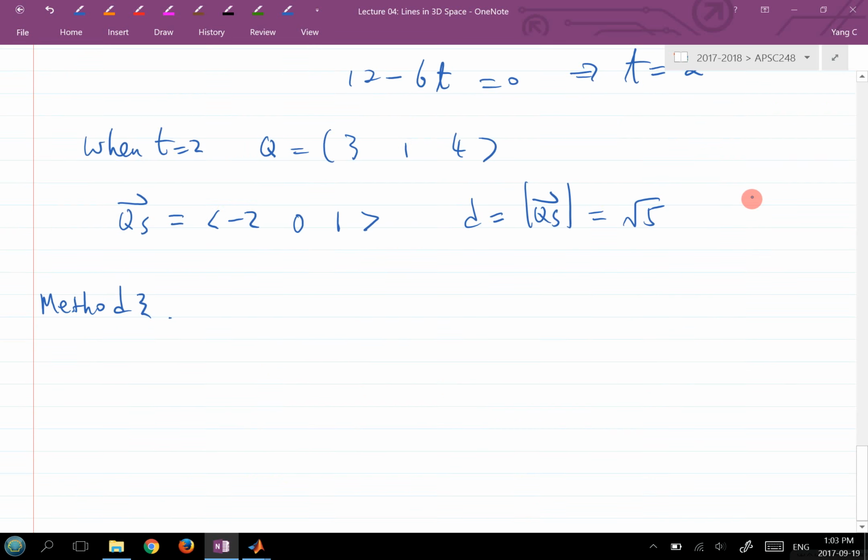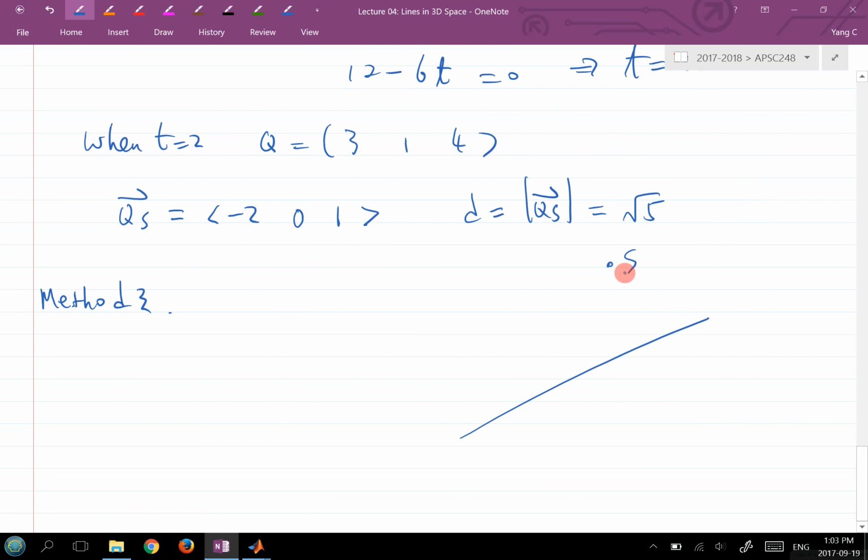Let me draw this again here. S. Is there any way you can use a cross product to come up with a solution? Anybody?